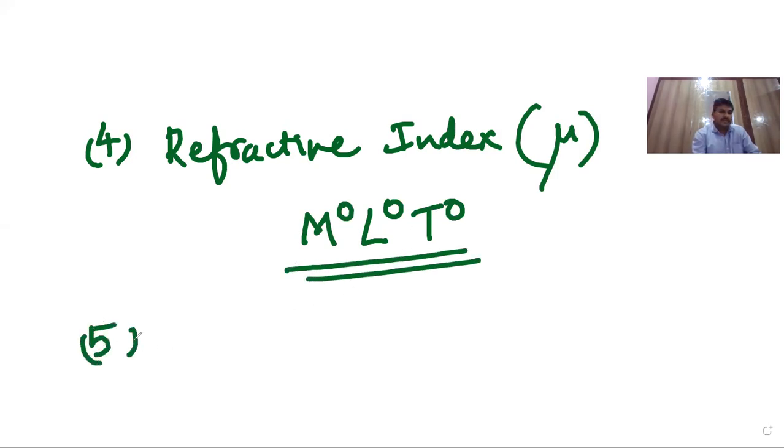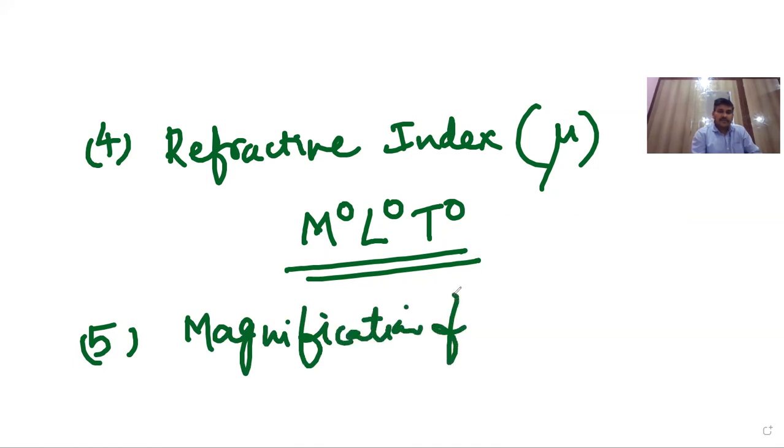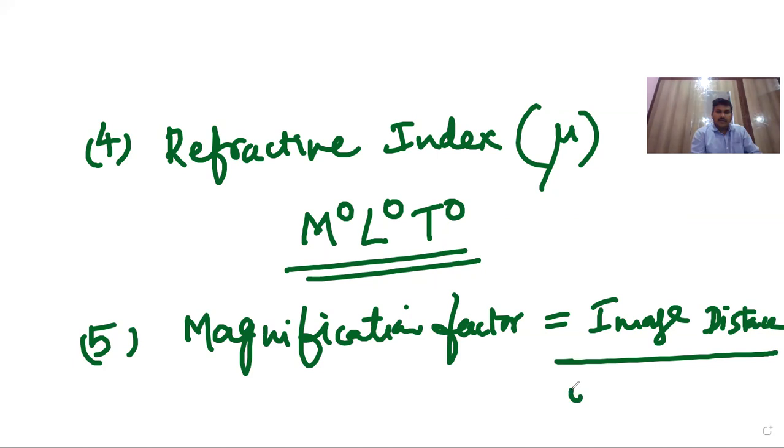The fifth one is the magnification factor, simply defined as the image distance to the object distance.